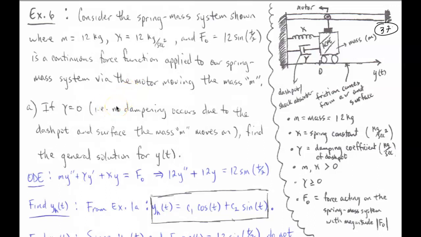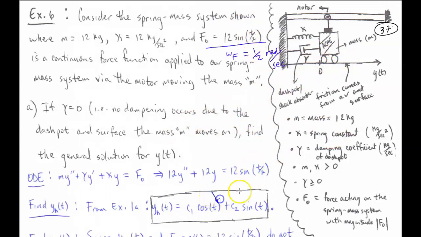If we look at the case with this force function, notice that the omega for the force function here is going to be 1/2 radian per second. That's different than the actual response of the spring mass system.